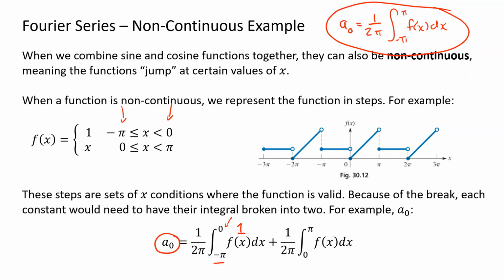So the second piece is from 0 to pi, again following these bounds, of f of x dx, the next function, which in this case would be x. So it's a small item to change. The big difference is it doubles the work because you have two integrals to do. But other than that, all of the formulas you saw stay the same.